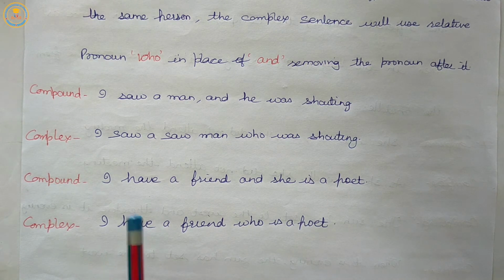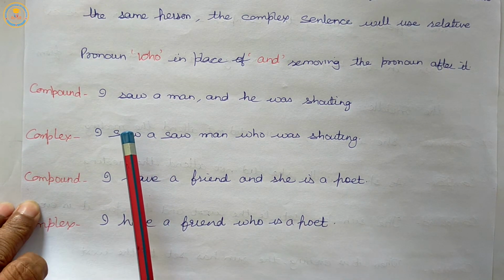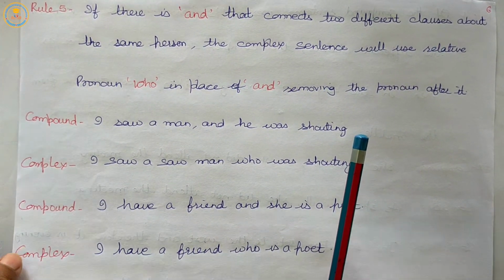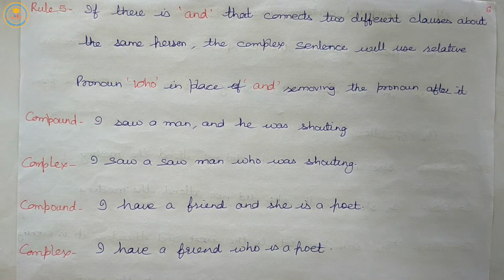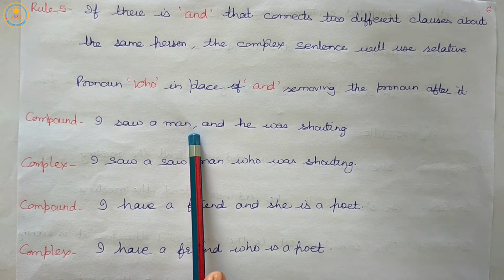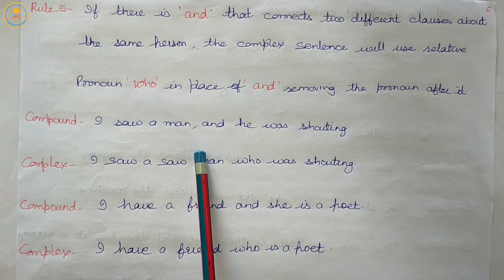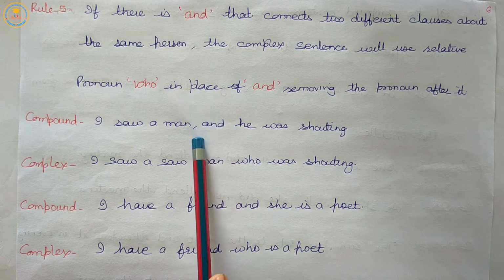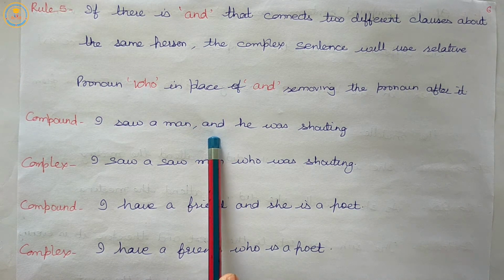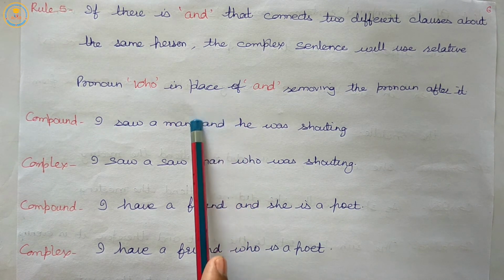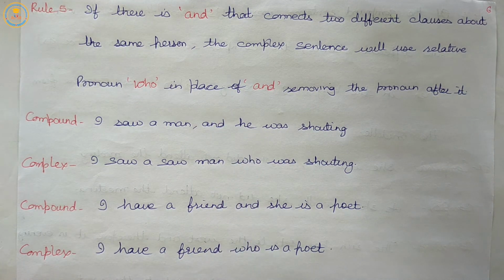So here our rule is, if there is "and" that connects two different clauses while transforming a compound into a complex sentence, we will use "who" in place of "and" and we will remove the pronoun after the conjunction. We will not use it in our complex sentence.